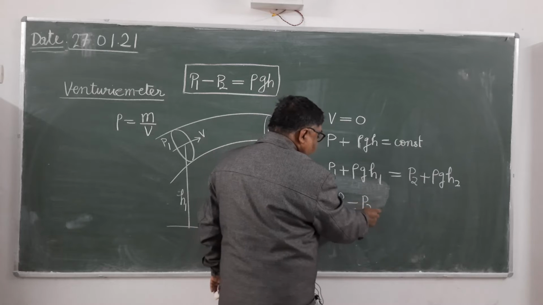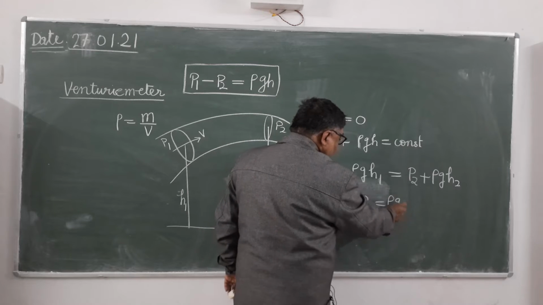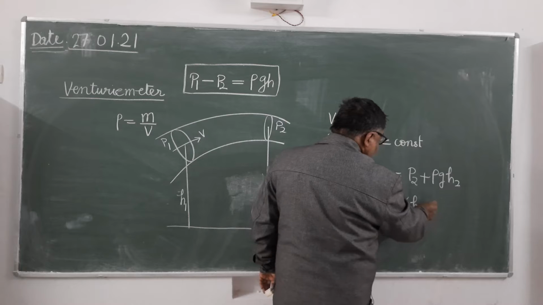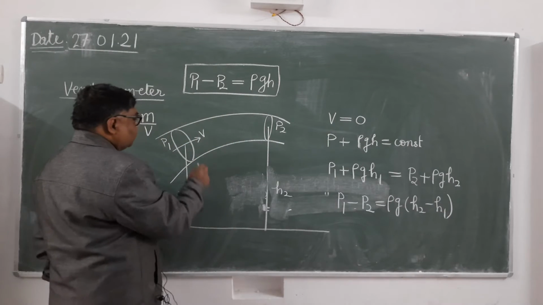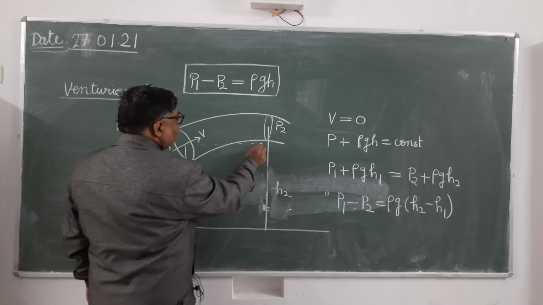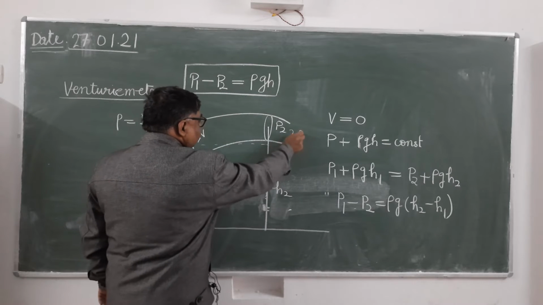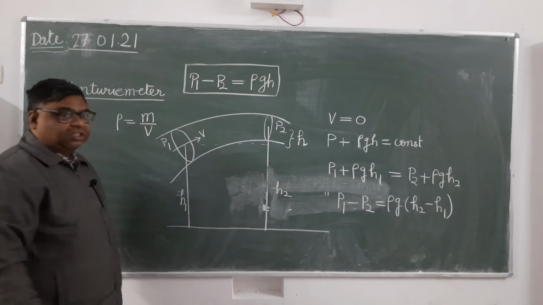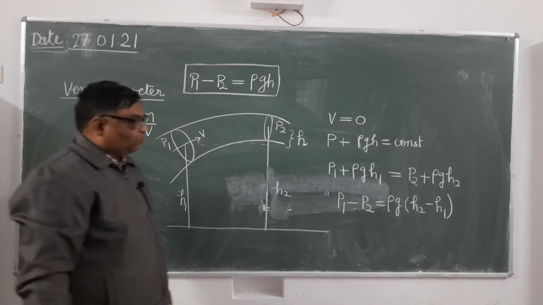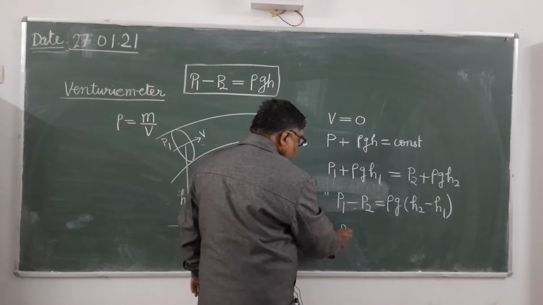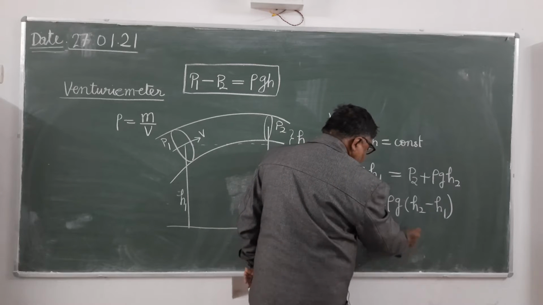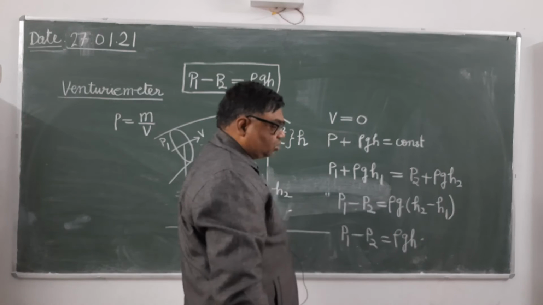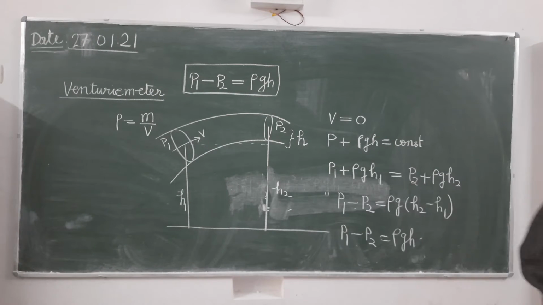When you simplify, it will be rho G within bracket H2 minus H1. And what is H2 minus H1? It is the difference of height, this will be equal to H. It's clear? That is, P1 minus P2 equals rho into G into H. Now all of you note down.